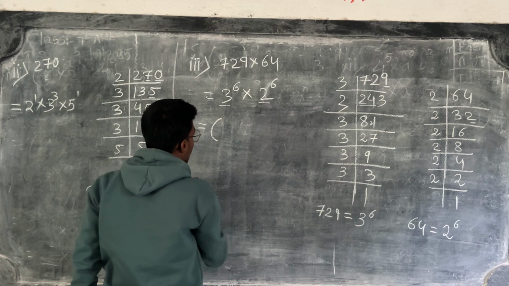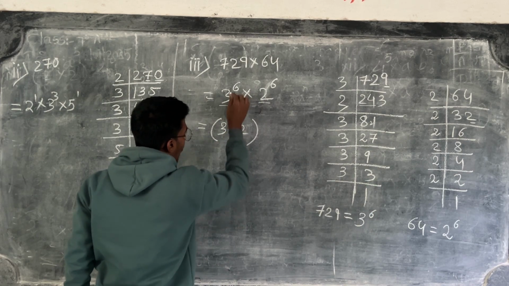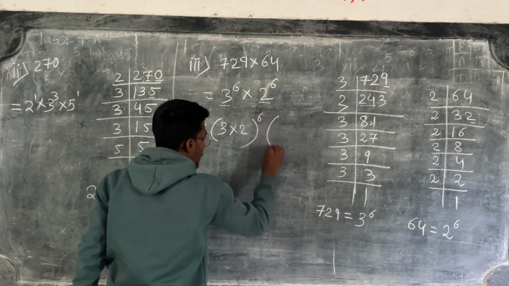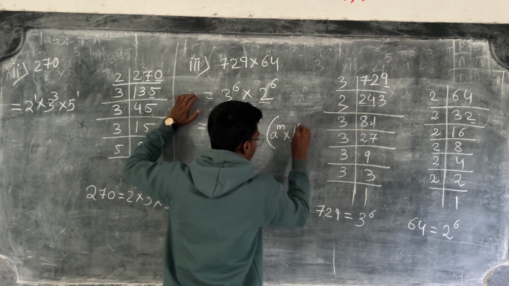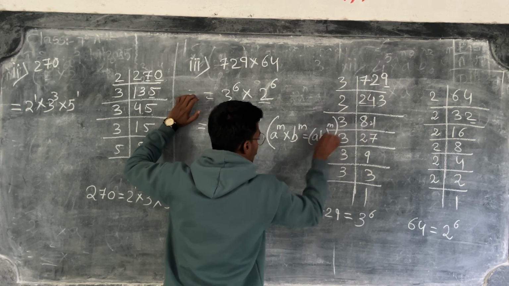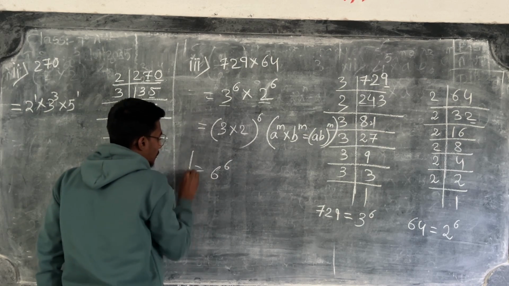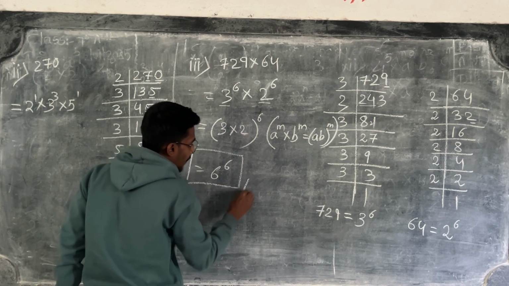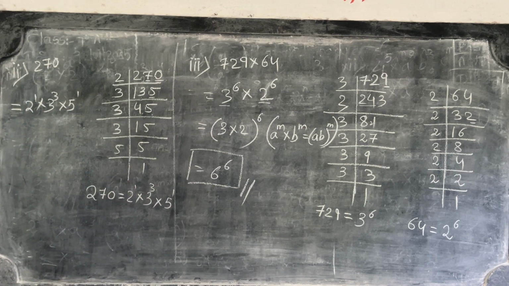According to that identity, we have to multiply the bases and write the common power. That identity is a to the power m into b to the power m is equal to ab to the power m. 3 2s are 6, 6 to the power 6. In such a way, we have to find the exponential form of the given expression. So write down.